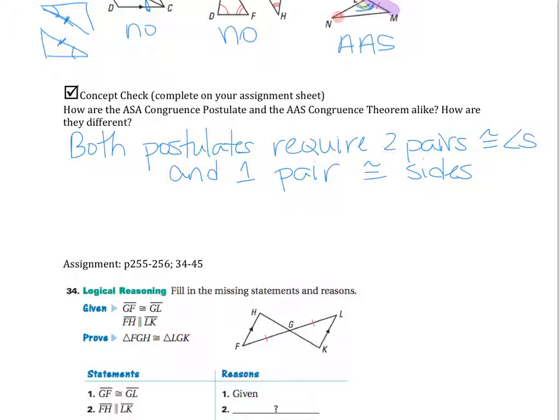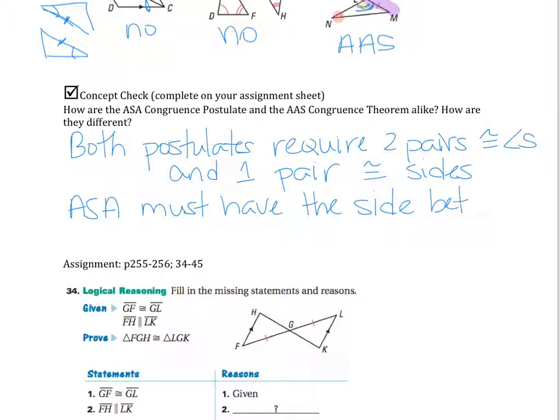They're different. ASA must have the side between the two angles.